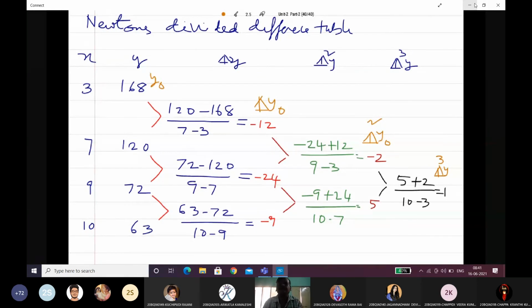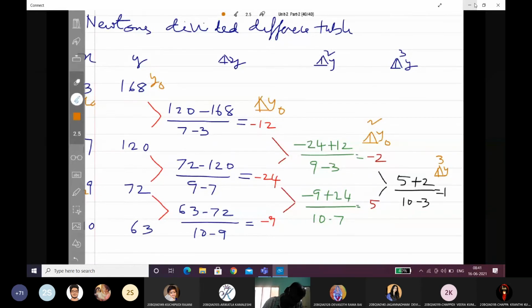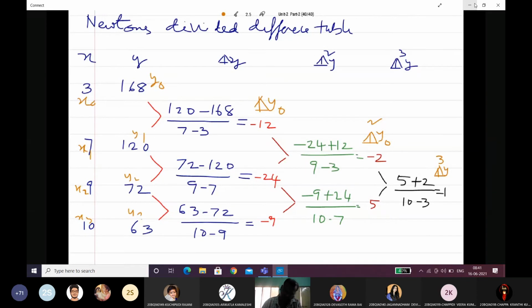Okay, those are the values. Here this one is x naught, x1, x2, x3. This one y naught, y1, y2, y3.